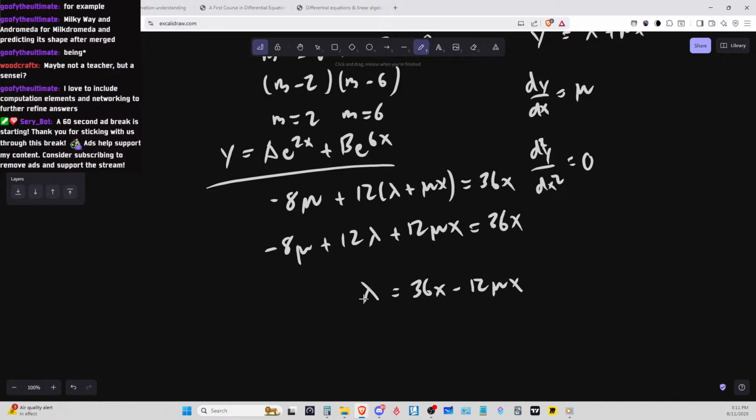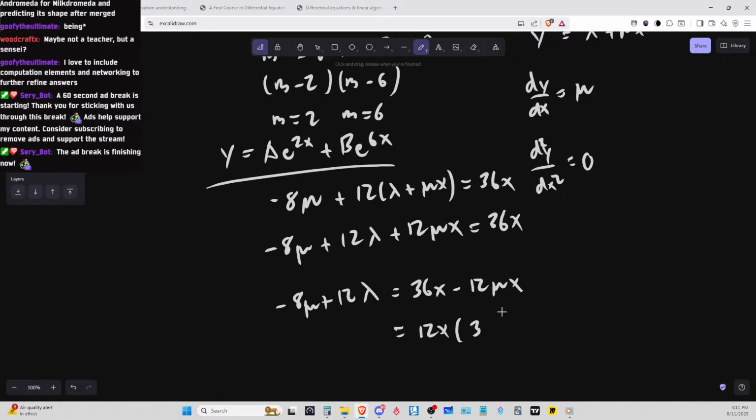Then we have on this side, like so. And we can factor out the x. So we have 36. Actually, what we can do is remove 12, so we can factor out 12x from both. So this will be 3, and this will be mu. Yeah, that makes it much easier.